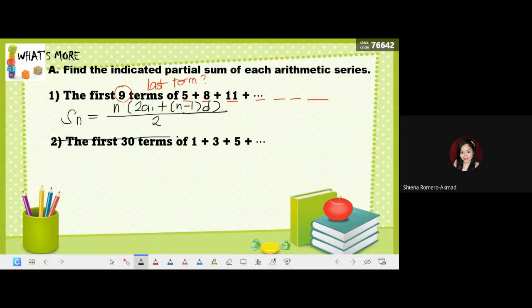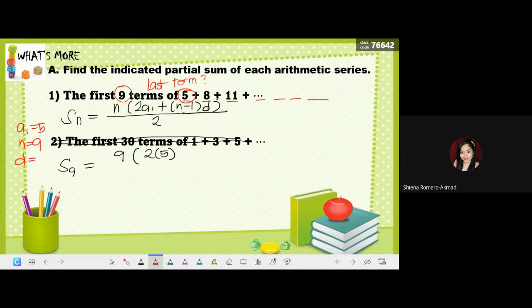Huwag niyo ko nang pansinin yung number na to, ha? Gamitin muna natin tong space na to. So, S sub 9 is equal to 9 times 2 times the first term, which is 5. Kasi ang first term natin ay ito. Ang n natin ay 9. Ang b is equal to, ano yung difference natin?